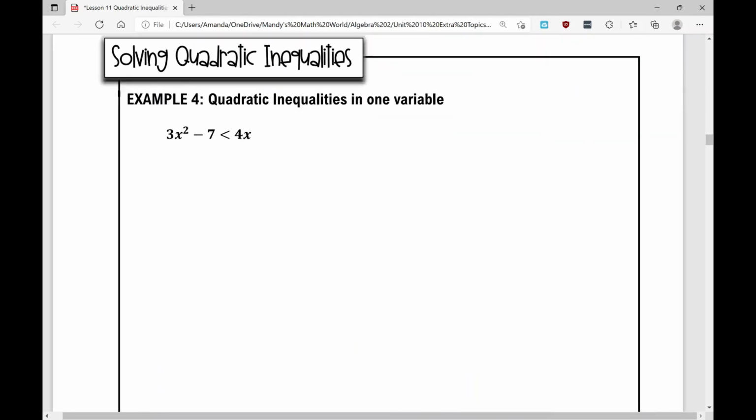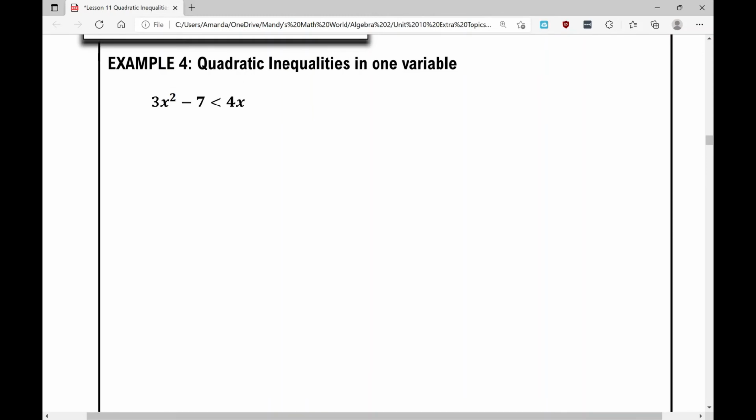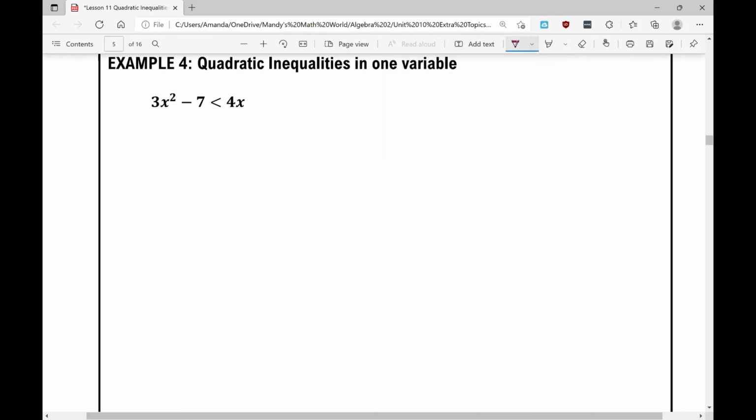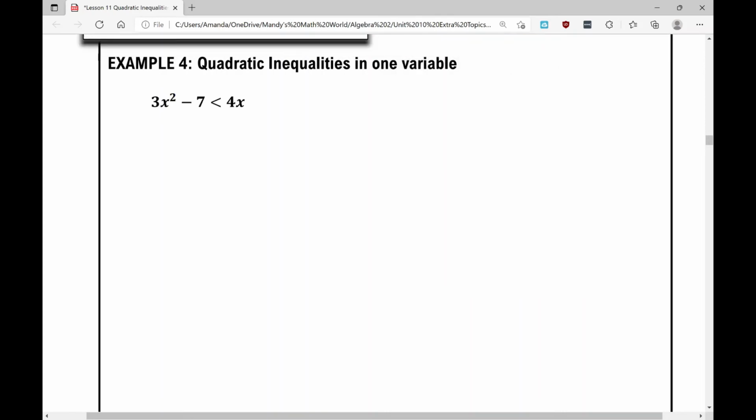This is another example of a quadratic inequality in one variable. So the first thing we're going to do here is move all of our terms to one side so that we set this quadratic equal to 0, or greater than, less than 0. So I'm going to move this to this side over here.